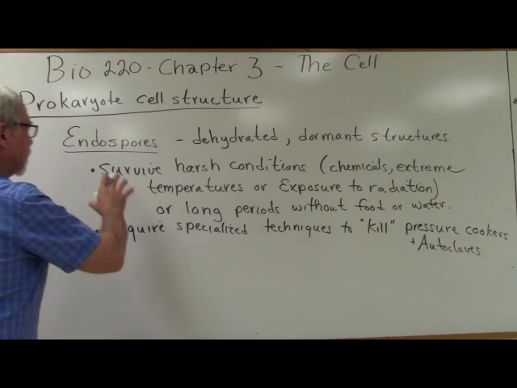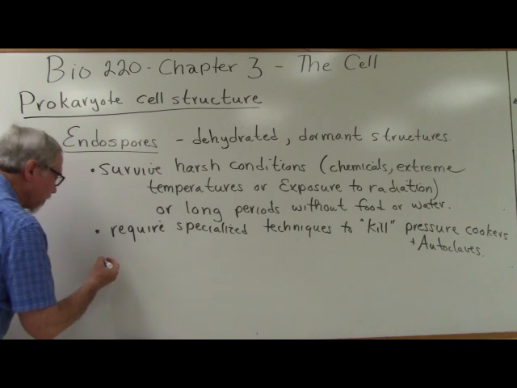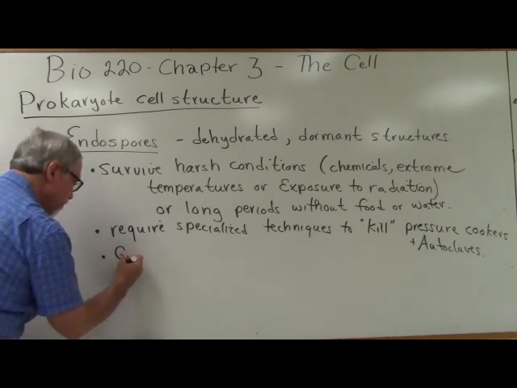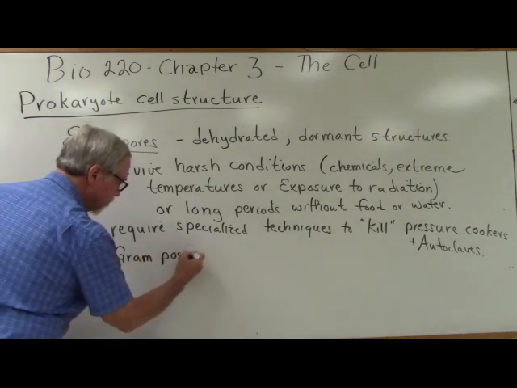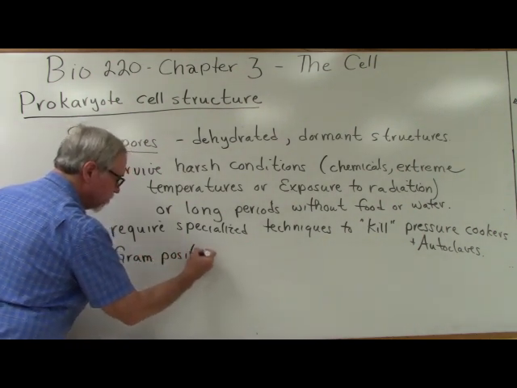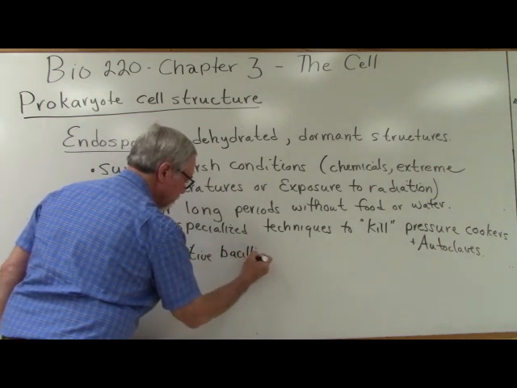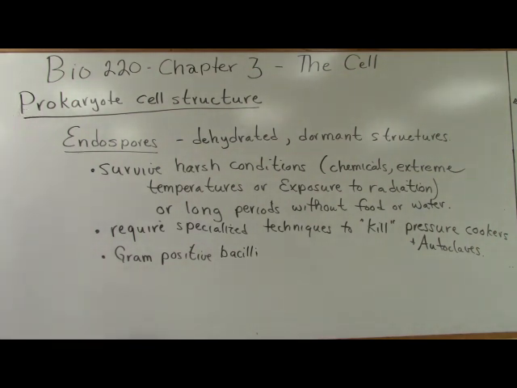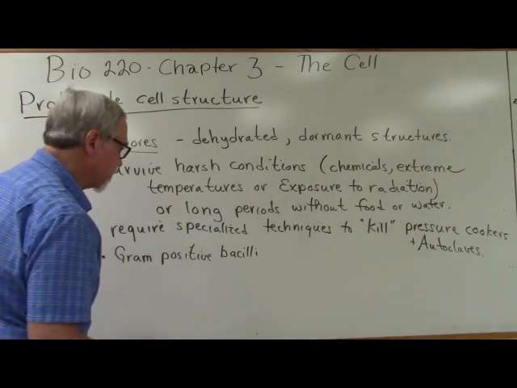As I mentioned previously, the endospores are found in certain gram-positive bacilli. There are two main genera that are important here, the Clostridium and the Bacillus.